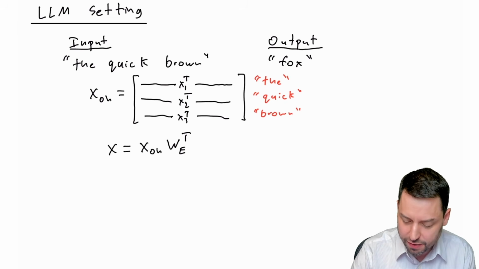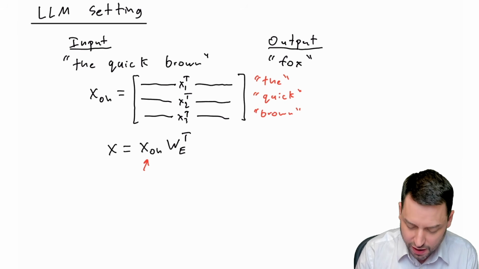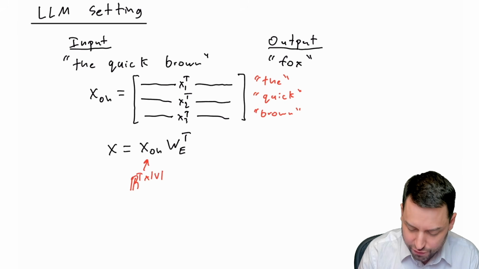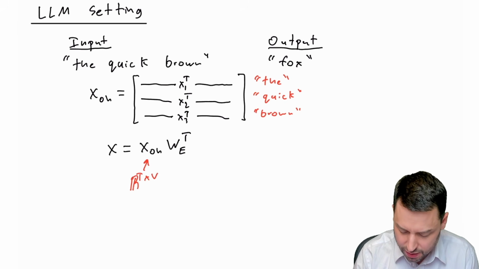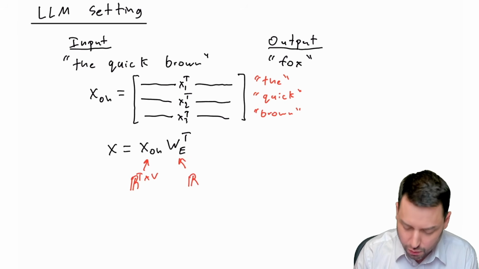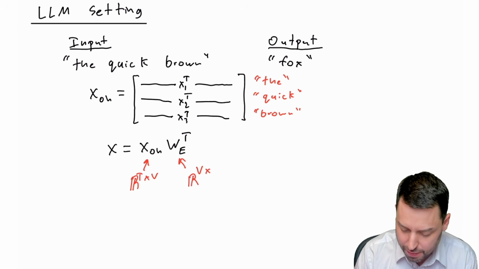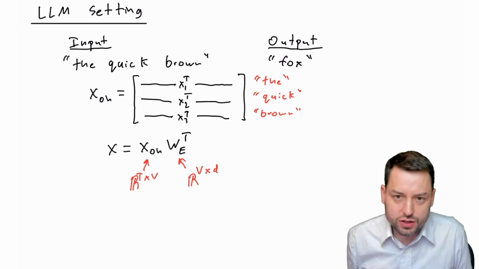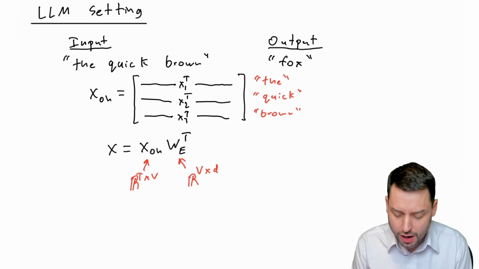But basically, if this matrix here was, in this case, T by the size of our vocabulary, T by V, I think I just called it big V, then this matrix here would be, after the transpose, V by little d, where d is the dimension of the embedding that we're going to use throughout the network.